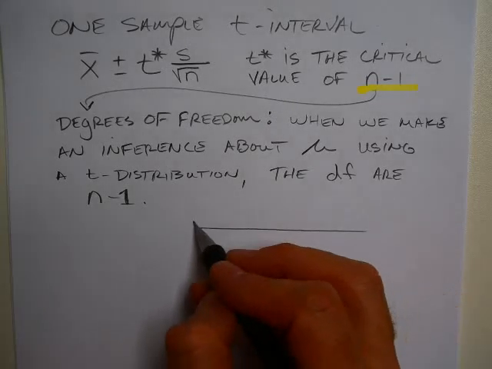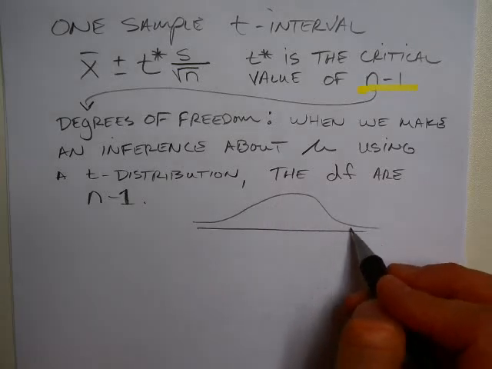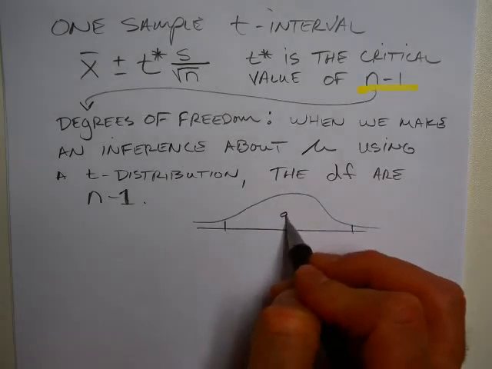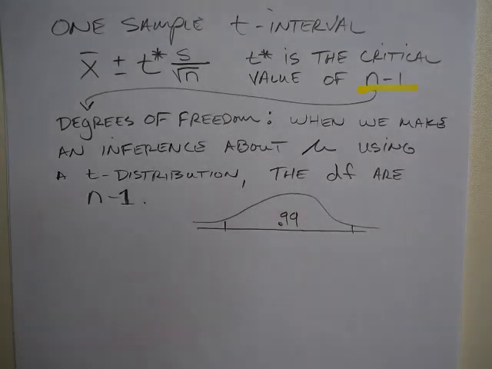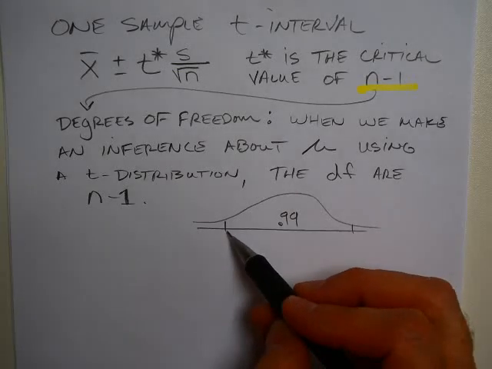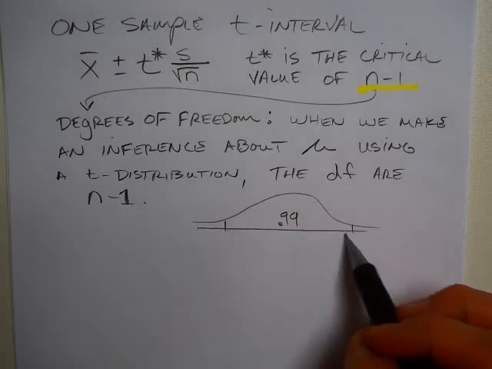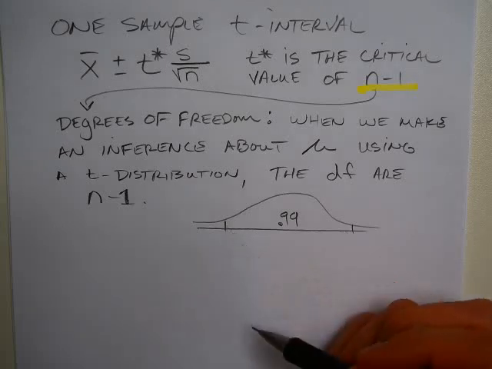Let's say you want a 99% confidence interval because you're testing some drug, but you don't know what sigma is, so you've got to use a t-distribution. If you use n, you might actually be calculating something slightly smaller than 99%.